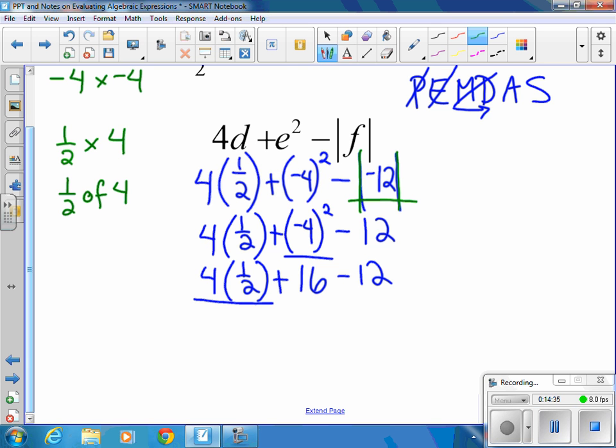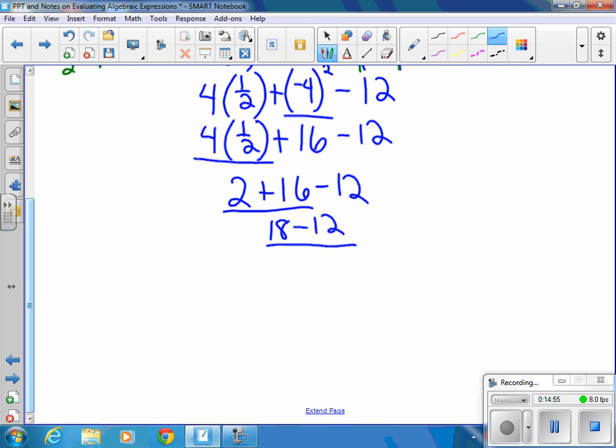Sometimes it's a little easier to think of it as of, 1/2 of 4. We know that 1/2 of 4 is 2. Well, there's my answer. So it's 2 plus 16 minus 12. Now I'm just following my order of operations left to right because it's only adding and subtracting. This is 18 minus 12, which gives my final answer as 6.